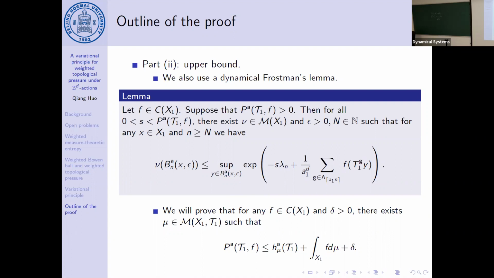So, were there any difficulties? The basic ideas are the same, with some modifications. What about amenable? Why didn't you do the amenable case? Next step. I guess this variational principle is valid for amenable group actions, maybe. So possible.